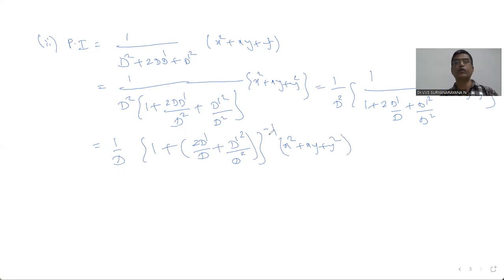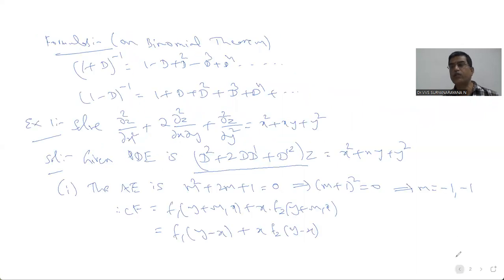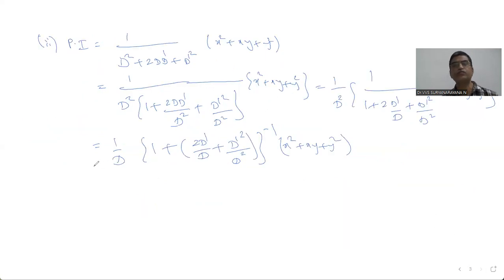It is of the form 1 plus x power minus 1, or 1 plus d power minus 1, and I have already given the formula of the binomial theorem. 1 plus d power minus 1 is 1 minus d plus d square minus d cube plus d power 4. In place of d, if you have any other function of d or d dash, just replace that in place of d. So we'll use this concept now.